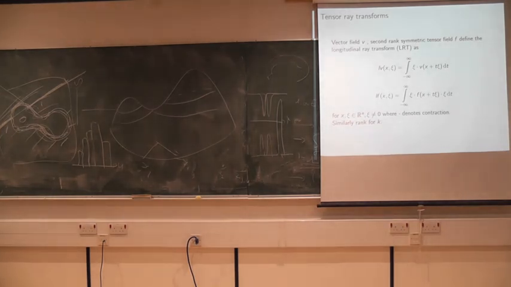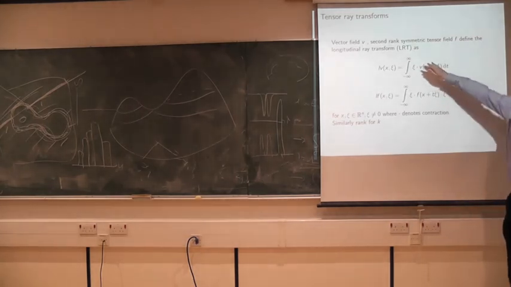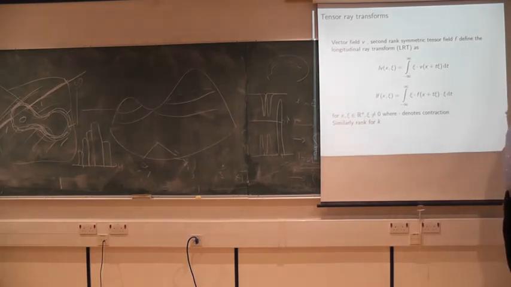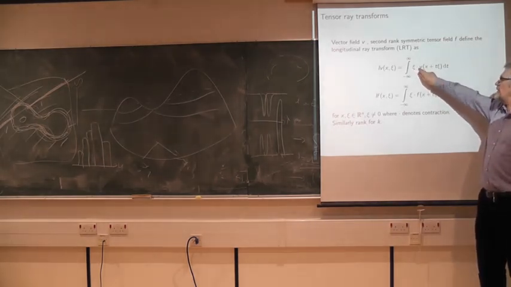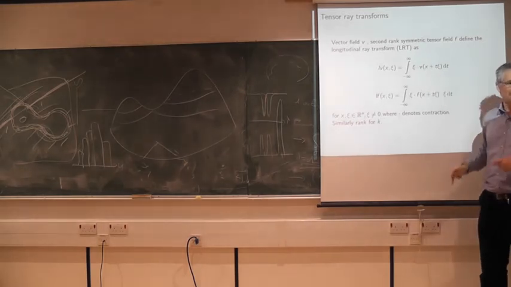So now contrast to vector and scalar tomography, because there are lots of cases in which you get distributional or histogram data in these cases as well. So the thing that I have in mind is the longitudinal ray transform. That's the kind of easy and obvious one. So suppose you have a vector field, think of, say, a velocity field. And for each ray, you integrate the component of the vector in the direction of the ray.